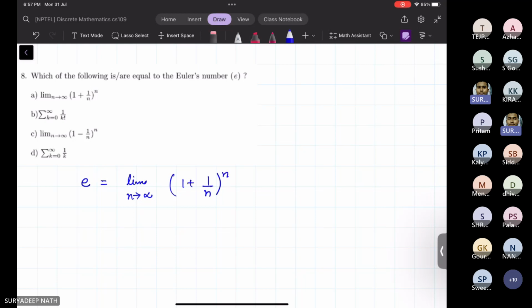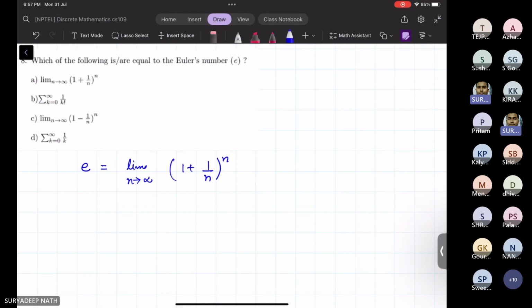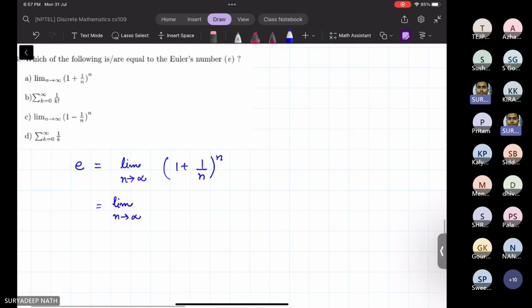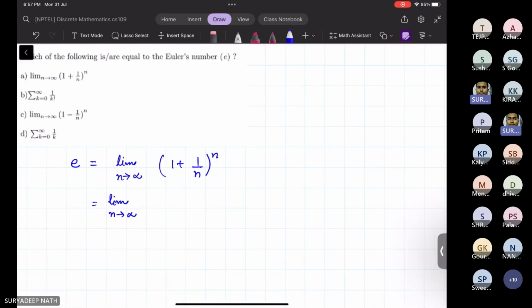This is the original definition of the Euler number, and if we expand it using the binomial series, let us take the limit n tends to infinity and try to expand what this would look like.